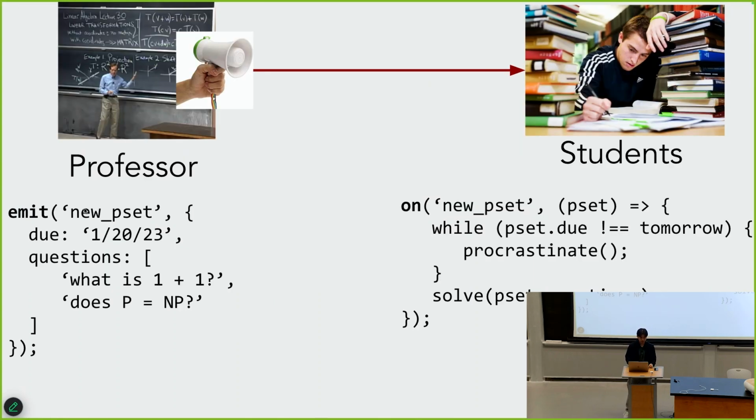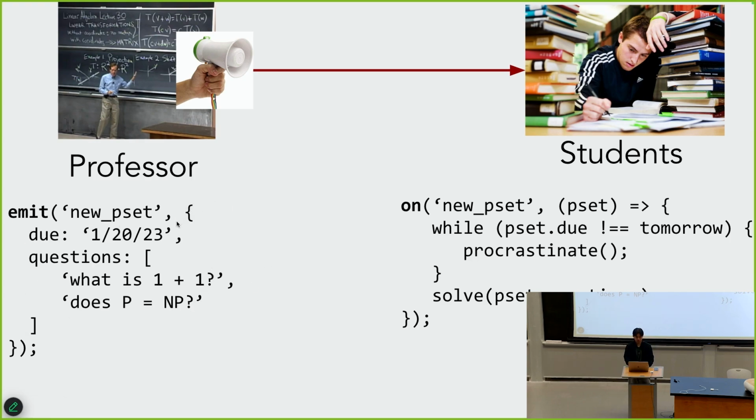In code, it would look something like this, where we pass in a string to emit, and then we pass in an object as the second argument. And then for the student side, the client side, on some event, we have a callback function, where the argument of the callback function is the data that's passed in the second argument of the server side emit.